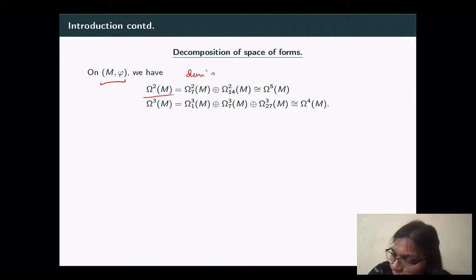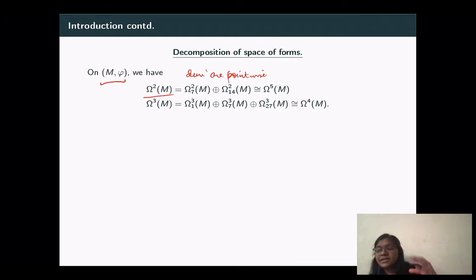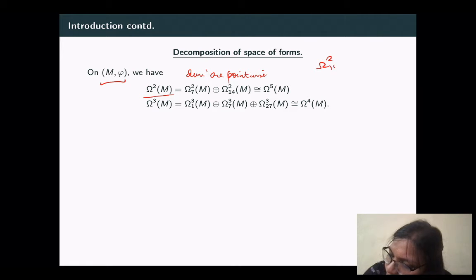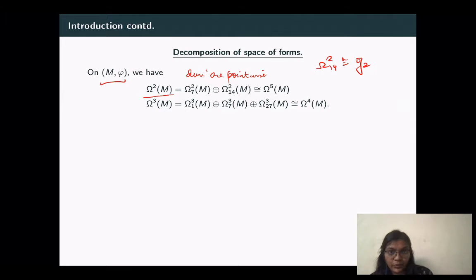So at each point we have this decomposition of the space of 2-forms, and the 7-dimensional one is just an irreducible 7-dimensional representation of the Lie group G2, but this Omega^2_14 is isomorphic to the adjoint representation of the Lie group G2. That is the representation of G2 on its Lie algebra, because 14 is the dimension of the group G2. And via the Hodge star, we have this isomorphism between Omega^2 and Omega^5. So Omega^5 will have a similar decomposition: it will also decompose into Omega^5_7 and Omega^5_14.